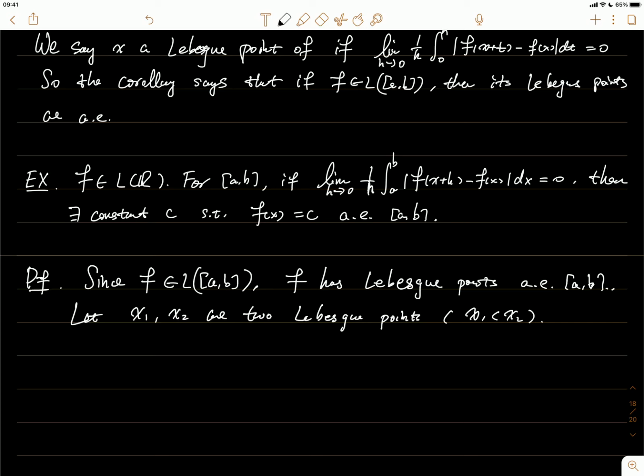And to show this, let's think about the integral of |f(x+h) - f(x)| dx. Let's look at this.